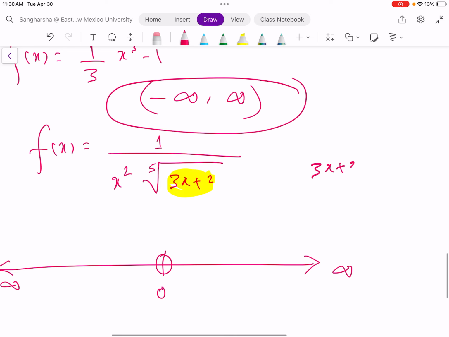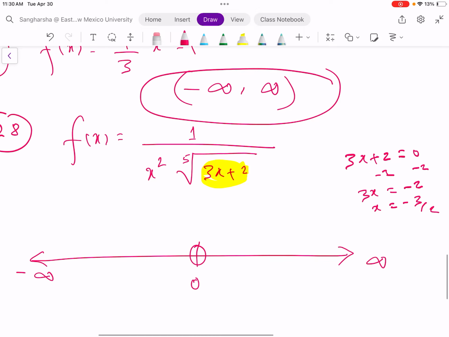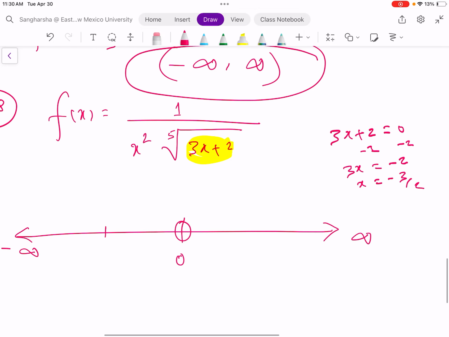So 3x plus 2 equals 0, subtract 2, 3x equals -2, x equals -2/3. Oh, sorry, it's -2/3.